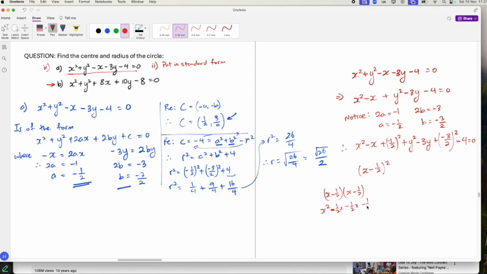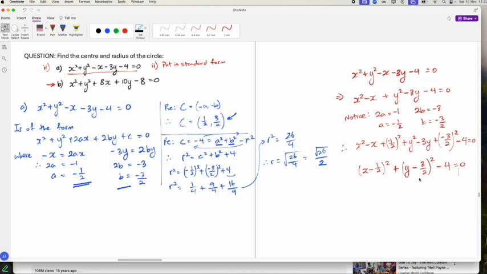And then I have minus a half squared. So yes, it does work out. Plus, this will work out to y, no, not y squared. y minus 3 on 2 squared, and then I will have minus 4.